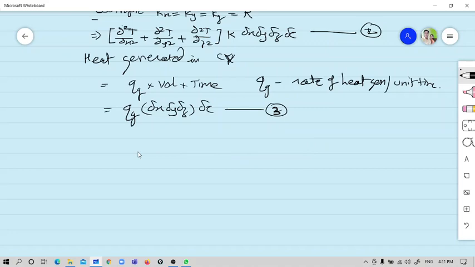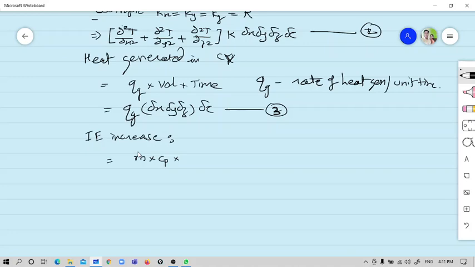So let us write that equation also here. Internal energy increase will be equal to the mass of that element into Cp of that material into temperature rise, isn't it? Now, how to determine the temperature rise?